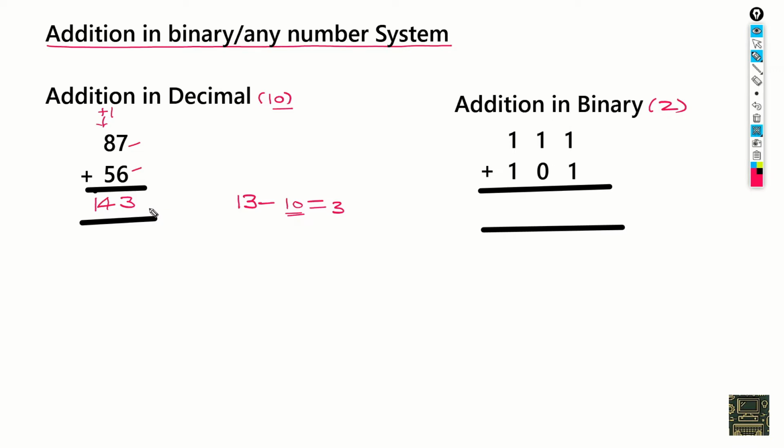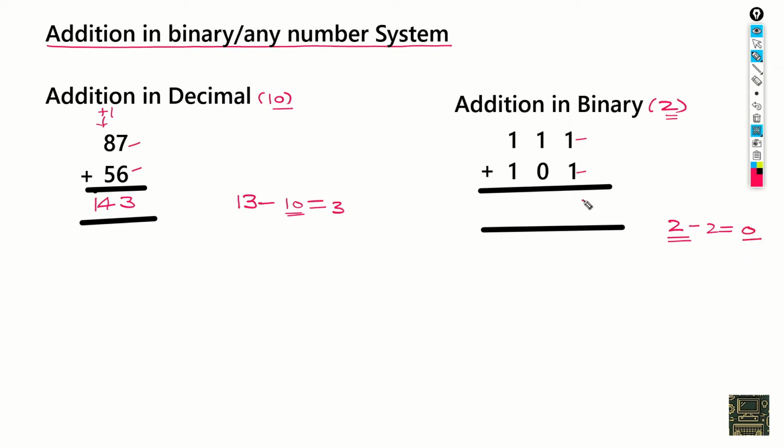Similar thing we can do in any number system. For example, we will see the addition of two binary numbers. We have two binary numbers here, 111 and 101. When I add these two bits, 1 and 1, then 1 and 1 becomes 2. Since the sum of the number is 2, which is equal to the base of binary number system 2, I will subtract 2 and it will become 0.